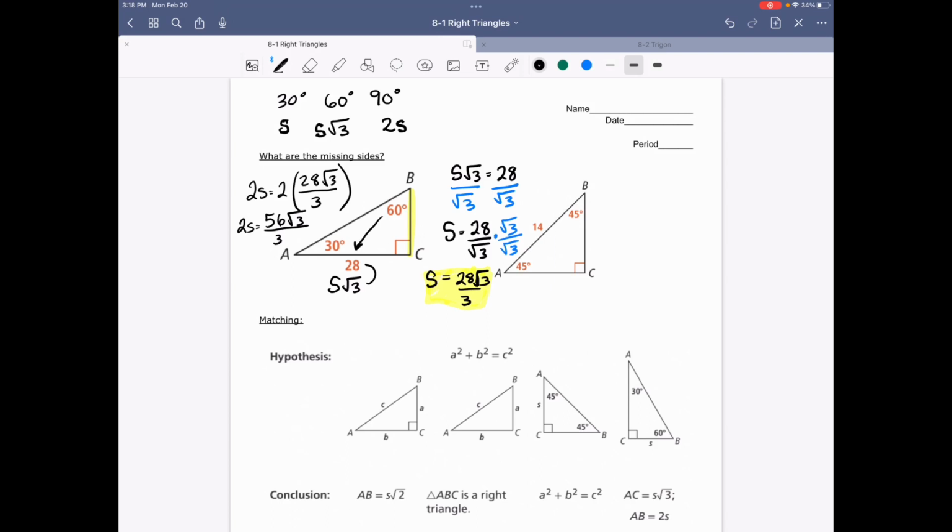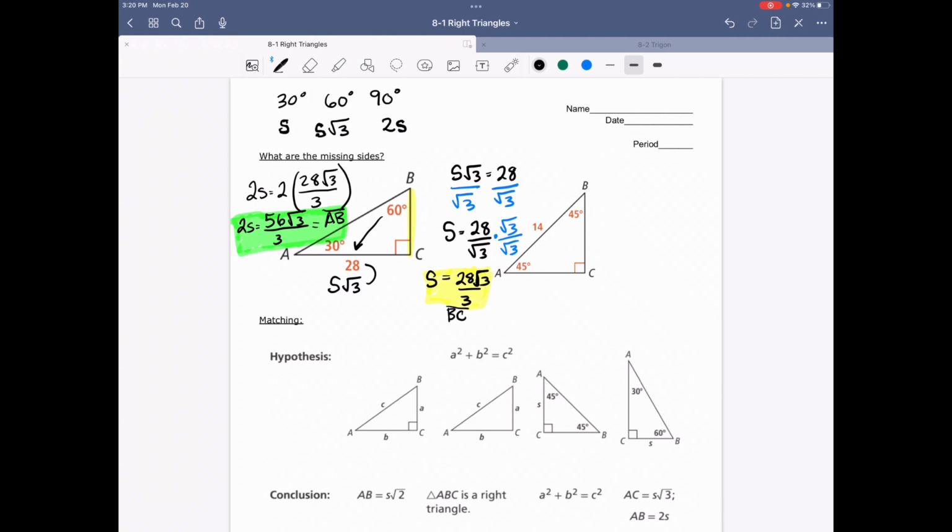All right, so this was BC. And this is going to be our AB. That's a little complicated, but if you think about the process, it kind of makes sense. So if we figure out S, then we just have to multiply it by 2 to get 2S. It was a little tricky that they gave us the S root 3 side. But that's how you do the 30, 60, 90 when you're missing sides.